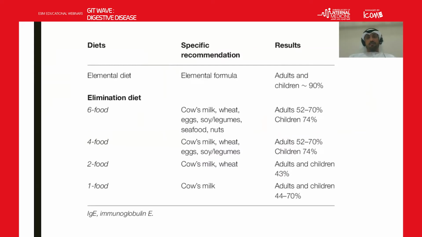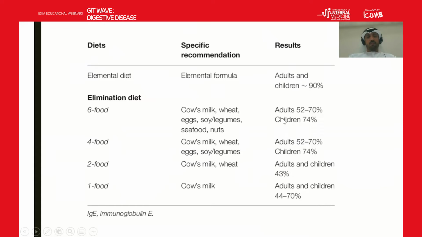There are different types of diet formulas available, elimination diets, starting from elemental diets, which have shown response up to 90% in adults and children. There are different elimination diets from 6-food elimination to 1-food elimination diet with a variety of response you can see here on the right side.